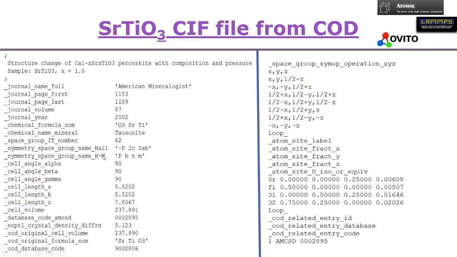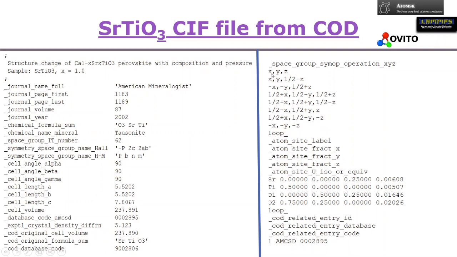With the help of the two notations, you are explaining what the symmetry of this particular structure is like, and then you see cell angle and cell length. This is information about the unit cell. Also you have cell volume and other values.